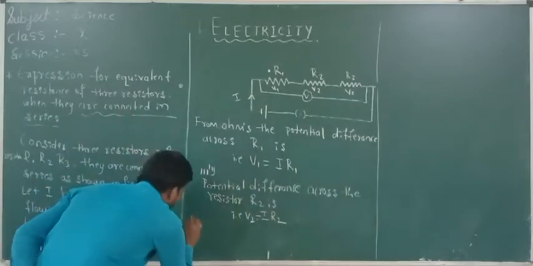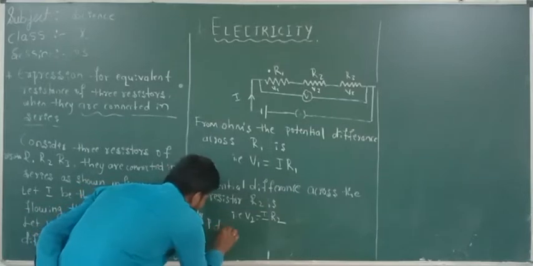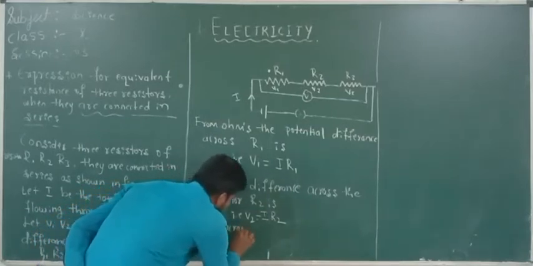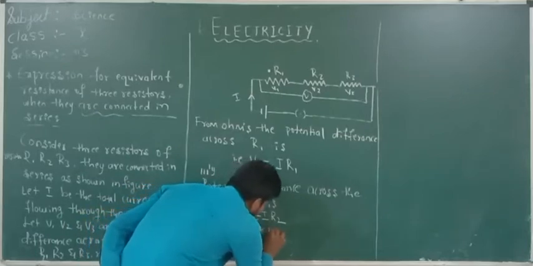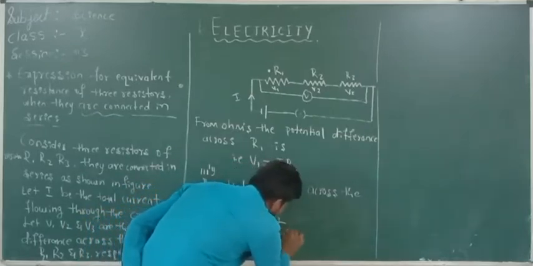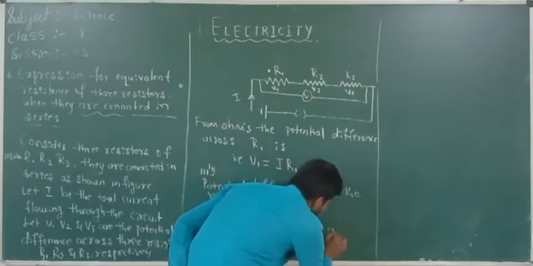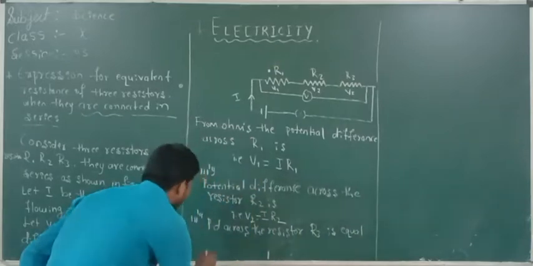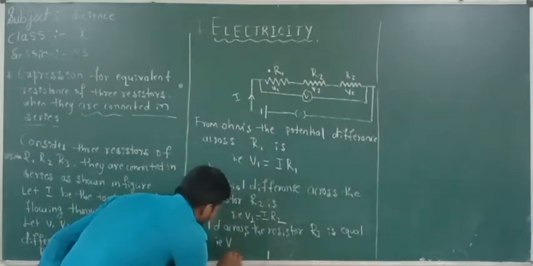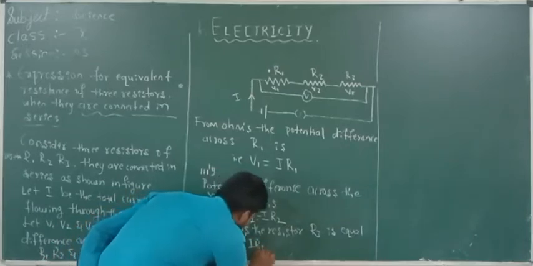Similarly, the potential difference across the resistor R3, that is V3, is equal to IR3.